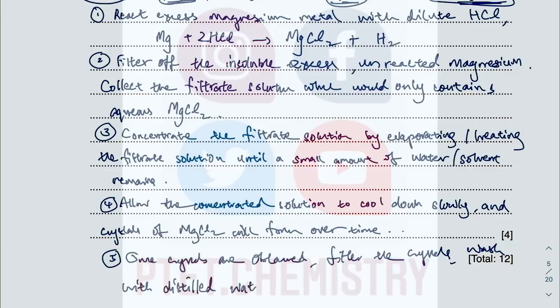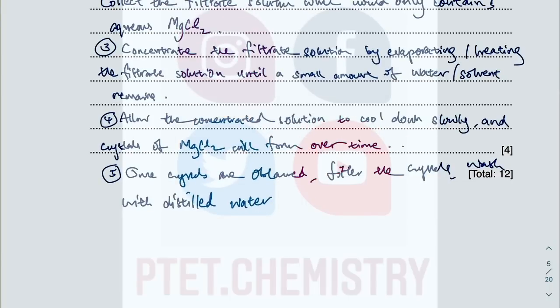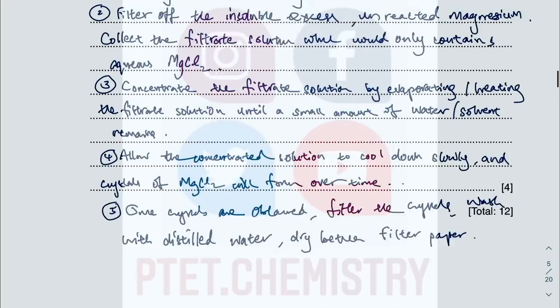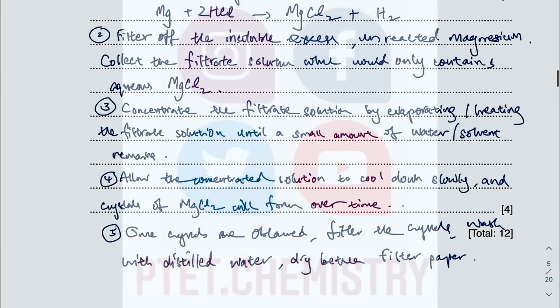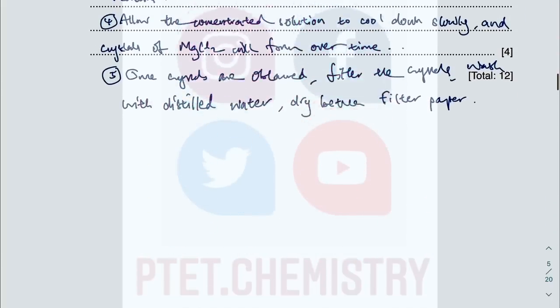You have to wash the crystals with distilled water to get rid of whatever things that you don't want, I guess. And then dry between filter paper. So you let it dry on the filter paper, then you take it out, and then you dry the crystals again between filter paper. That's how you can get pure crystals of the MgCl2, yeah? Okay.